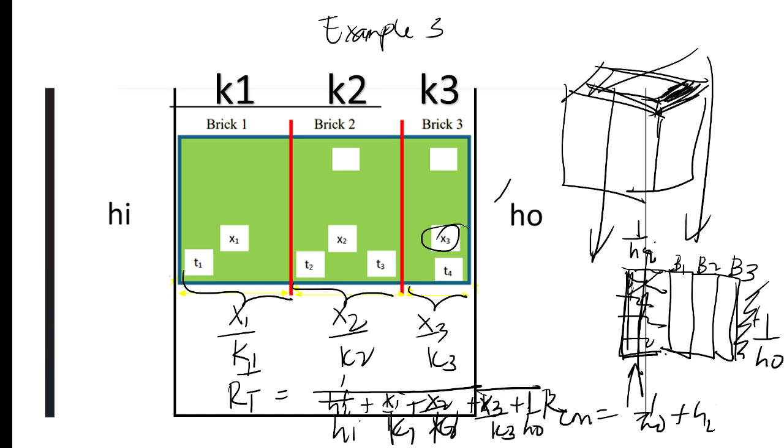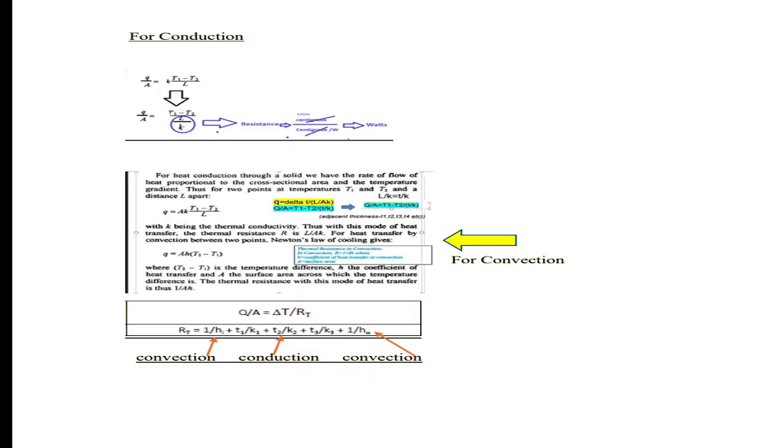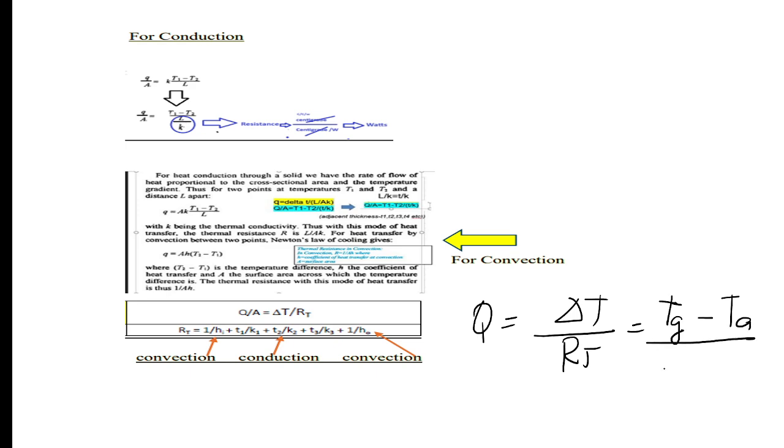So 1 over H1, right? So when we do the so-called thermal resistance, delta T over R total, it's going to be the temperature of the gas inside the furnace minus the ambient temperature, and then the R total should be 1 over H inside, plus X1 over K1 plus X2 over K2 plus X3 over K3, and then plus the convective resistance 1 over HO.